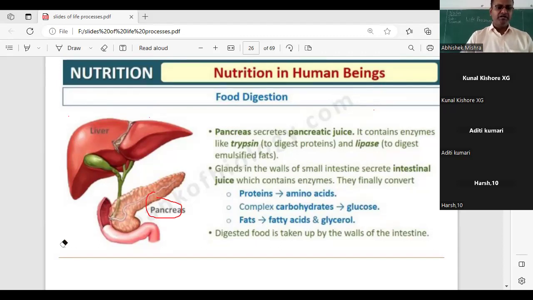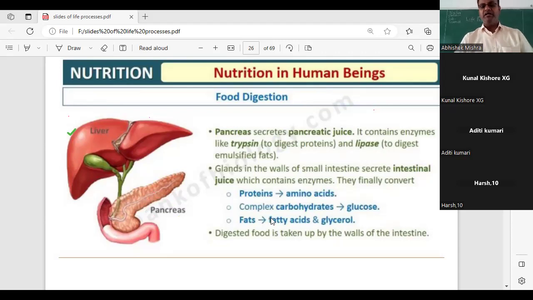Now, after this, students, remember that in our intestine, there is intestinal juice, which will convert the different components of the food into their final product. What are the different components of the food? The different components of the food are carbohydrate, protein, and fat.